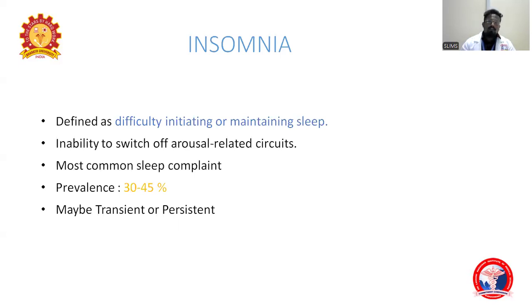The prevalence is 30 to 45%. It may be transient or persistent. Sometimes patients have insomnia and sometimes they sleep well, and that is called transient. Persistent means they have insomnia symptoms throughout, every week, on holidays, or for years.